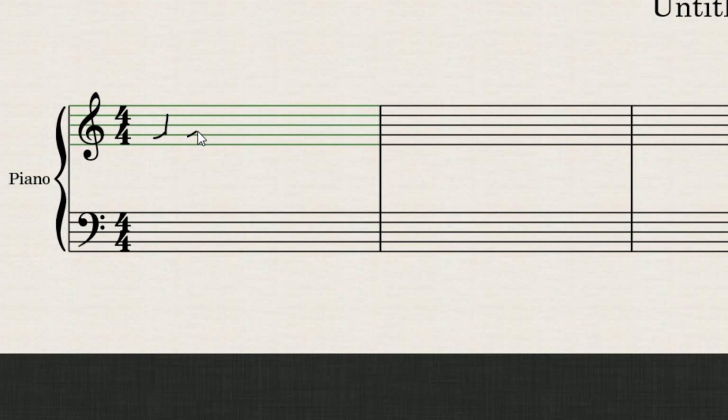So if you have, say, a full measure of G's in 4/4 time signature, boom. And say this first one is a sharp. This sharp permeates throughout the rest of the measure. So not only is this a G sharp, this is a G sharp, this is a G sharp, and this is a G sharp.